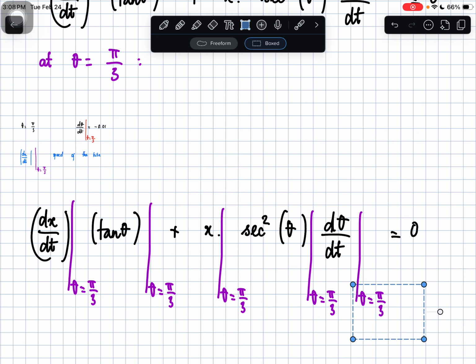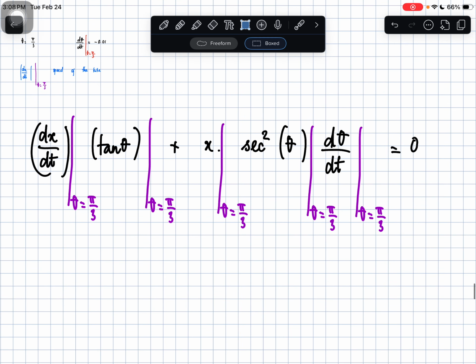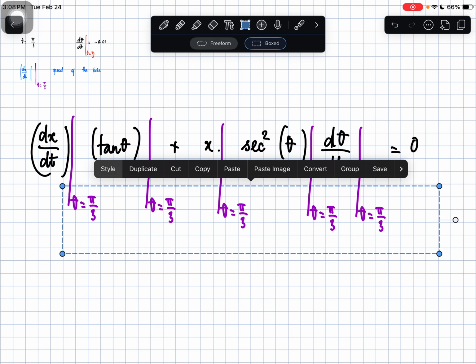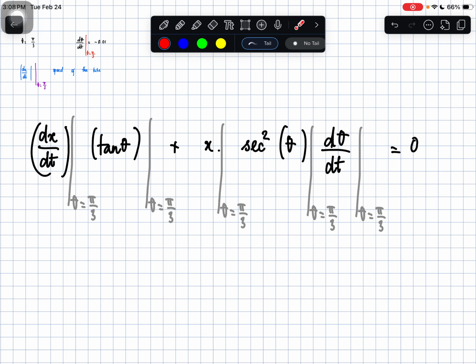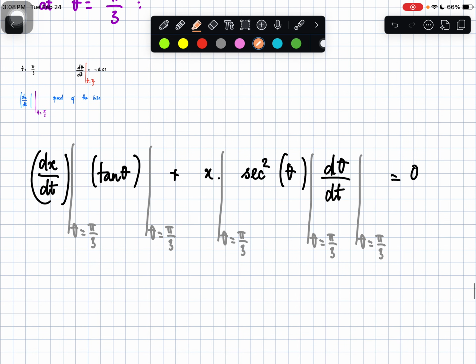So I just plug in theta equal to pi over 3 everywhere. This is the one we need to compute. The question asks for the absolute value of the speed of the kite. That is what we need to compute now.